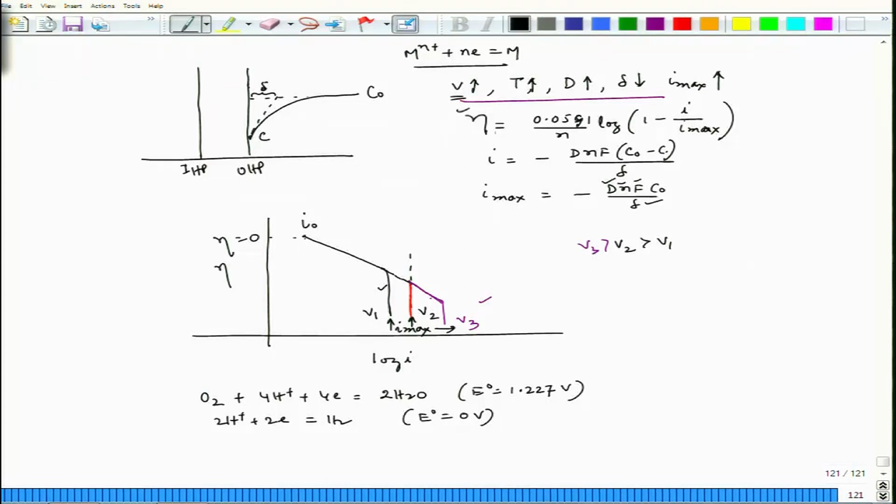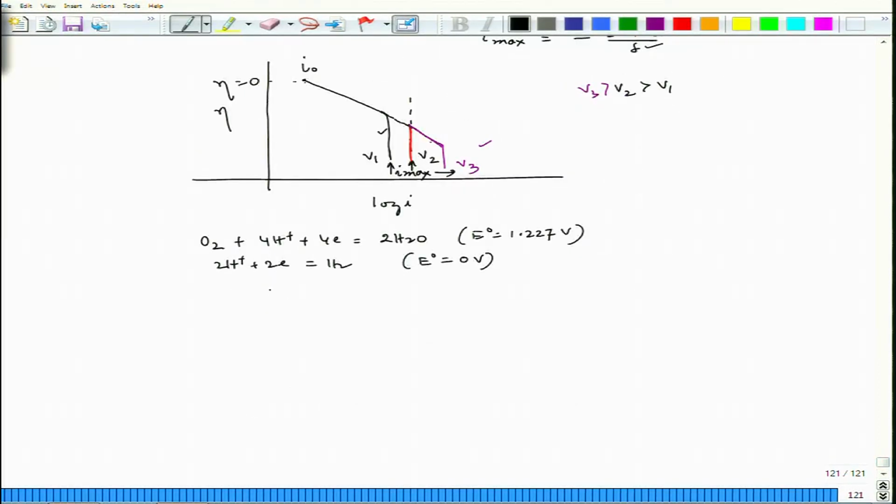If I try to see the response of cathodic polarization, as well as what happens in the concentration and activation polarization regimes, we can have a response like this. This is log I, this is overvoltage. Now, eta for the oxygen reaction is equal to 0 at this point, corresponding to the potential E0 equal to 1.227 volt.